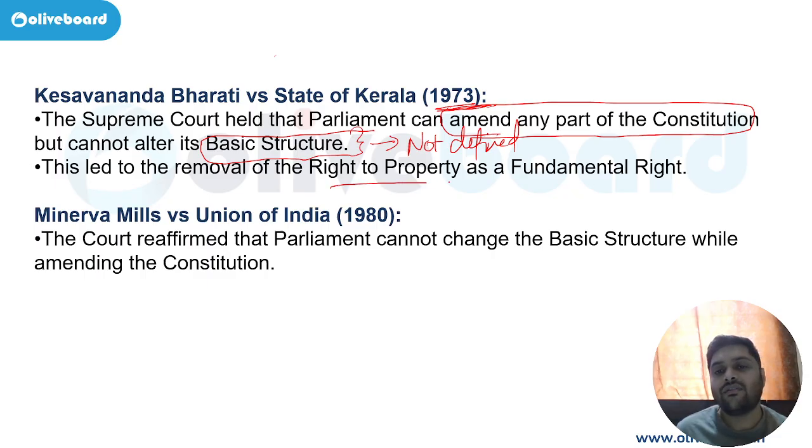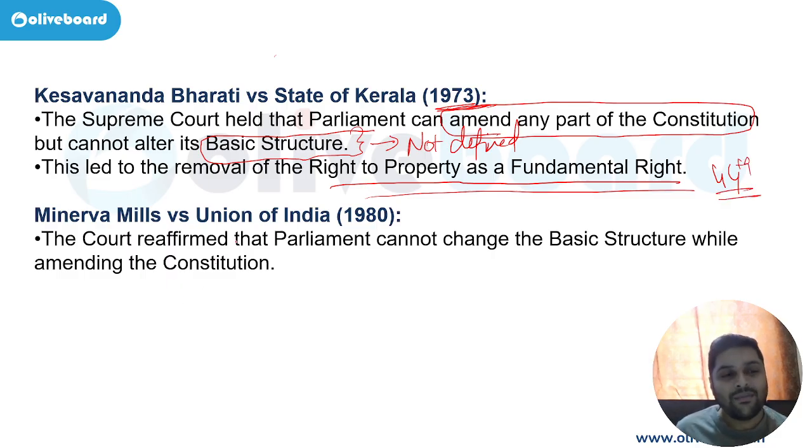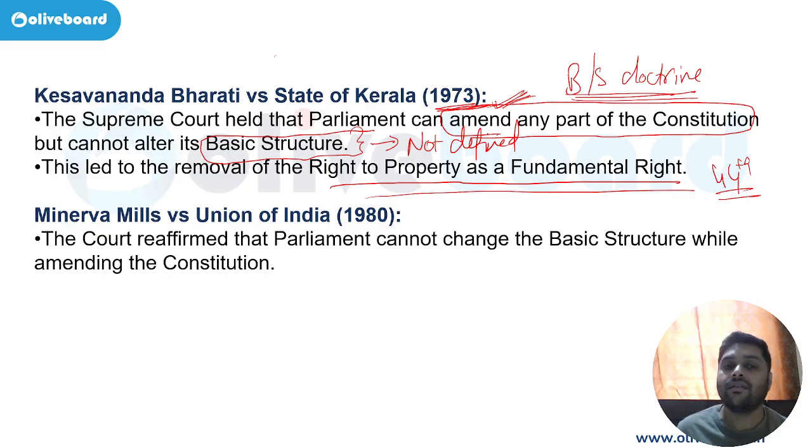This led to the removal of the right to property as a fundamental right, by the 44th Amendment. So here we can say that any part can be amended. Kesavananda Bharati case, the basic structure doctrine. If the question comes, in which case the Supreme Court laid down the basic structure doctrine, it was the Kesavananda Bharati case.